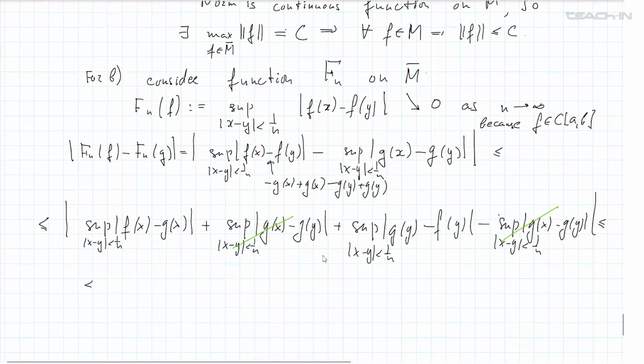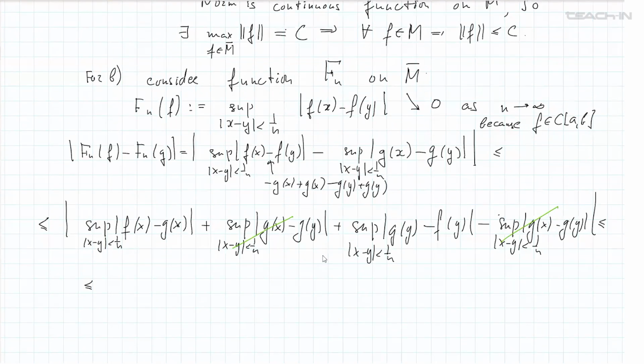You see that this difference does depend on y, but we have restrictions x minus y less than 1 over n. This is the same term by changing x to y, so by symmetry the difference is the same.